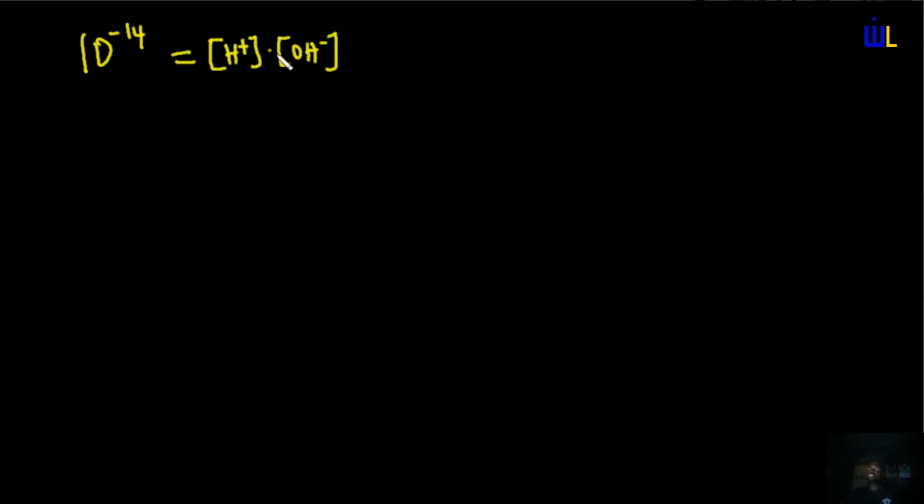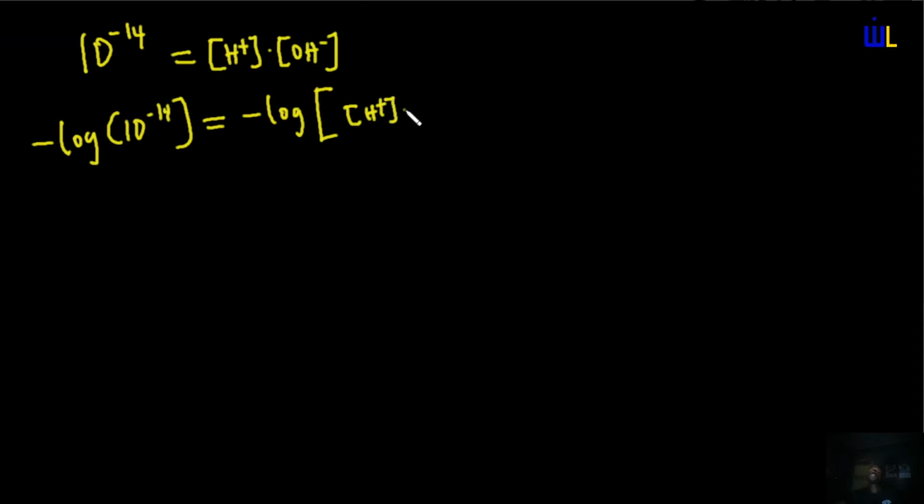Now, when you have this arrangement, it means that if I decide to do the negative log to base 10 of 10 raised to power minus 14, it is going to be the same thing as doing the negative log to base 10 of all these things, that is conc of H plus multiplied by conc of OH minus.